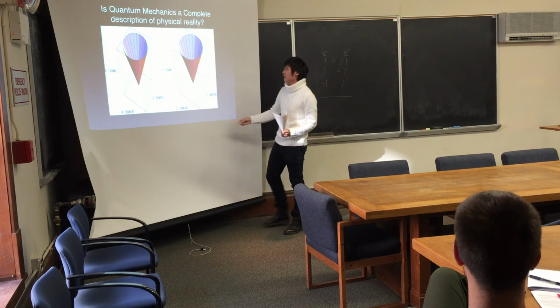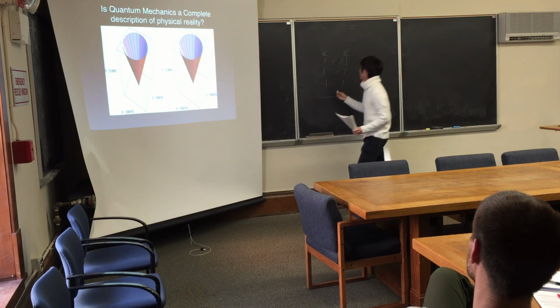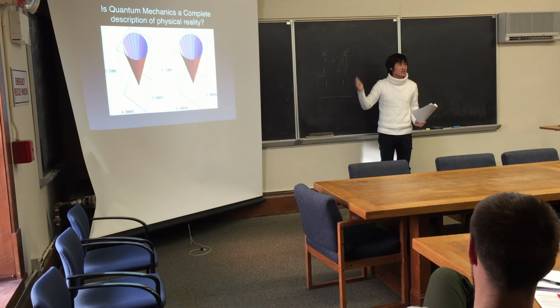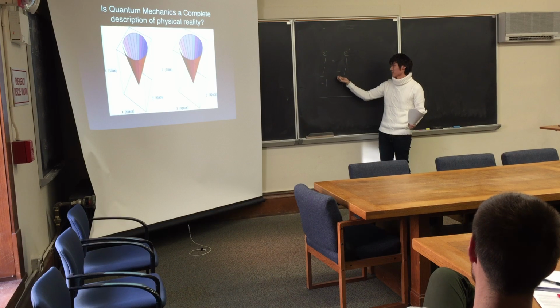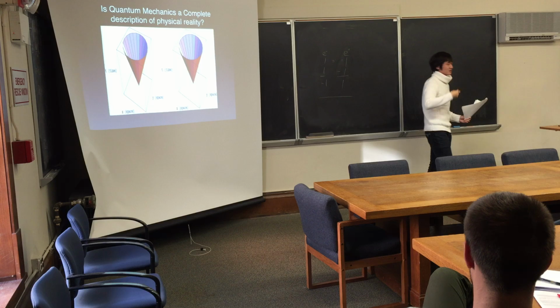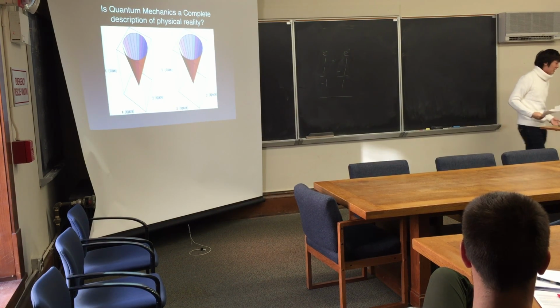But if you really do a measurement here and you know the spin of the electron, you immediately know the information of the configuration for the positron. So you should have a sense that this is not okay.